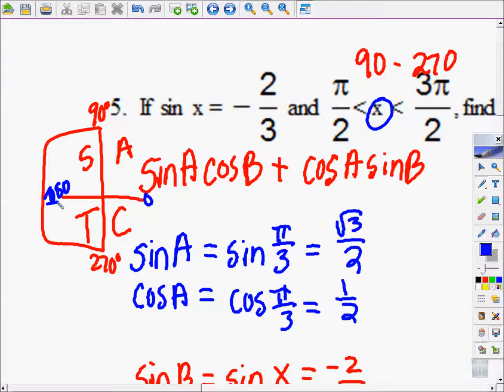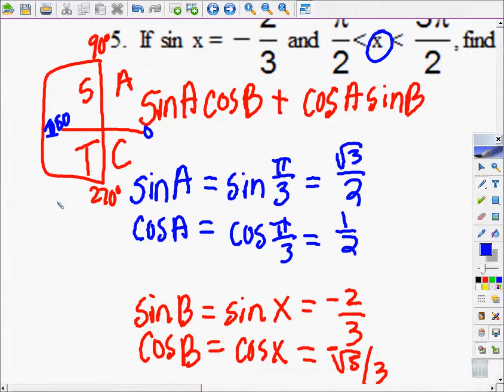So they told us that our angle lies between 90 and 270. If our angle lies between 90 and 270, is it a positive value or a negative value? Negative, because we're talking about cosine. Cosine is the x-axis, which is a negative value.